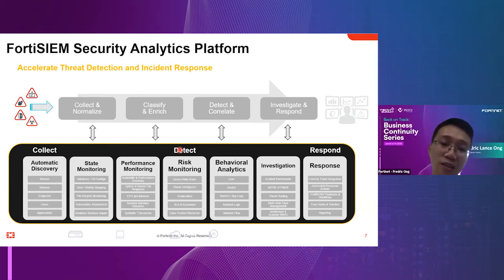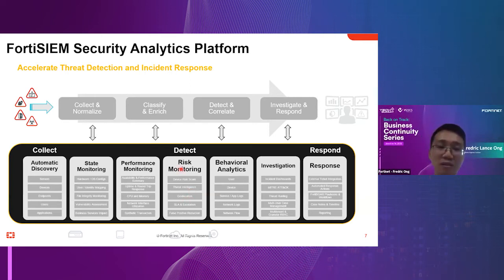So actually, this risk monitoring is enhanced by the FortiGuard threat intel, because once we detect a particular kind of attack, it is able to translate that into a measurable number, so that you will know what are the devices with the highest threat score that you need to take care of immediately.